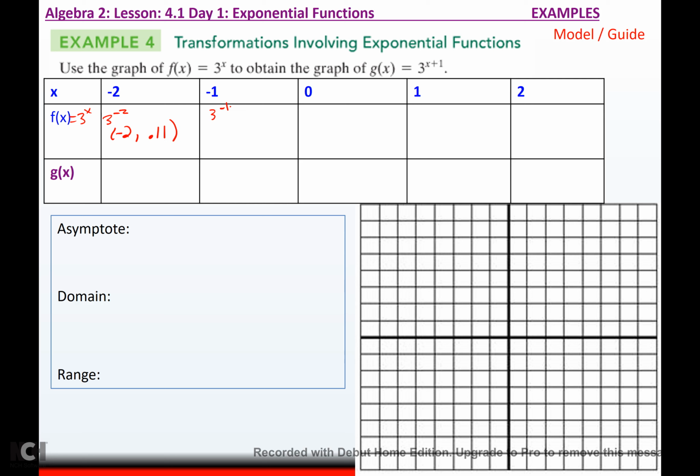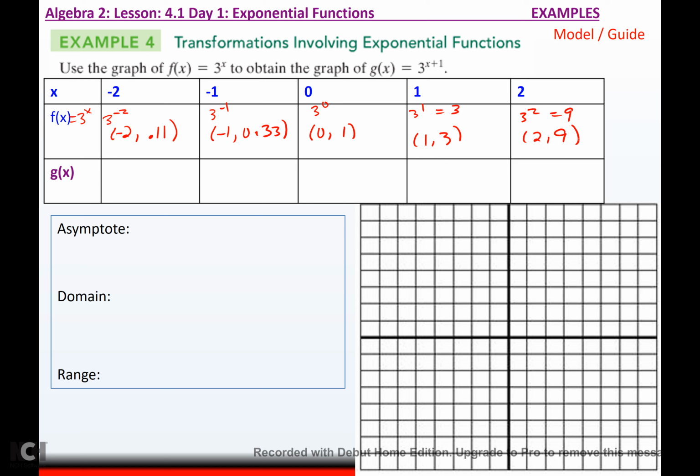If I do 3 to the negative first, that's going to be 0.3 repeating, so this would be negative 1, 0.3 repeating. If I do 3 to the 0, I get 1. If I do 3 to the first, I get 3. If I do 3 to the second, I get 9. So there's my mother points.